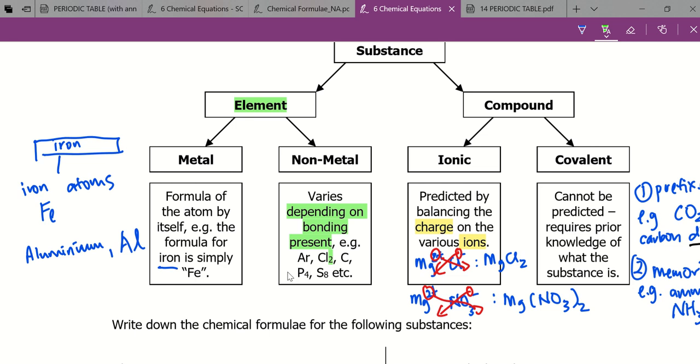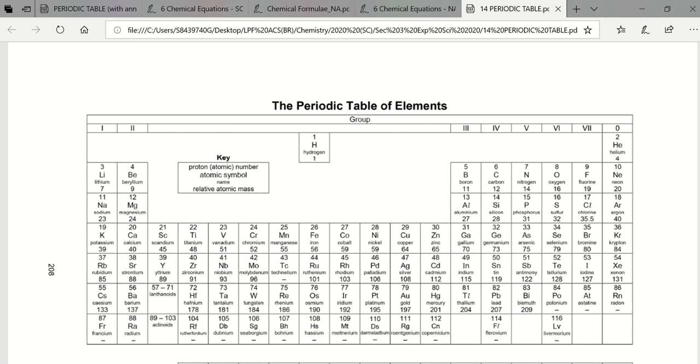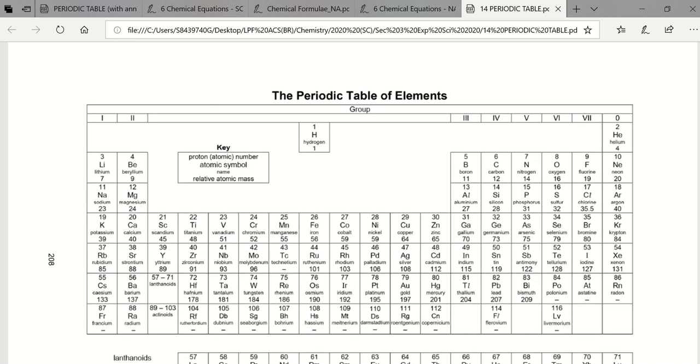What I'm going to show you is some of the common ones that you will see in your questions, and they are actually mostly diatomic molecules. So if you look at your periodic table at the very last page of your theory book, let us write something together that may help you to be able to come up with formula a bit better.